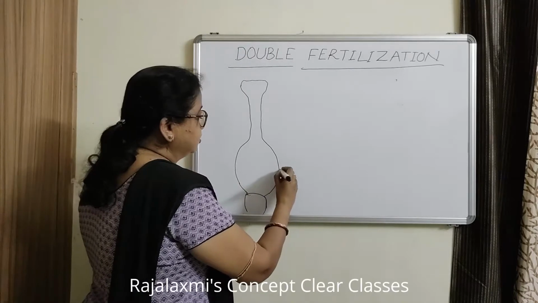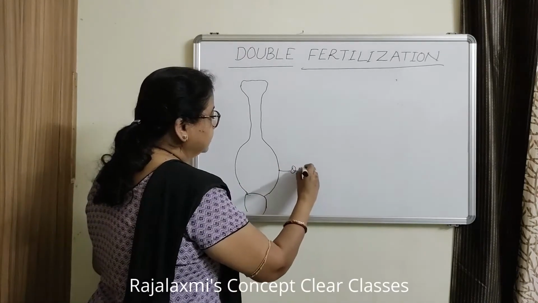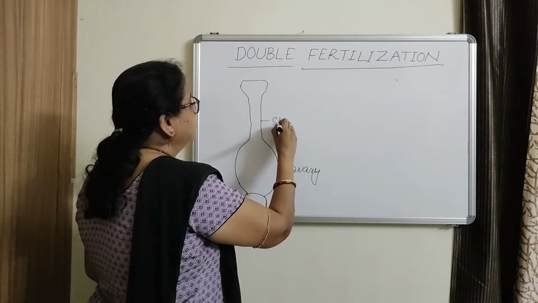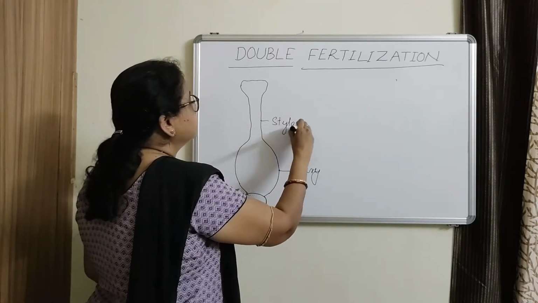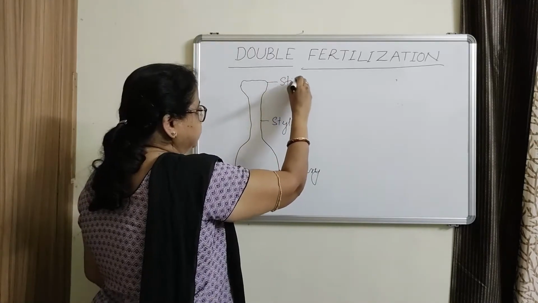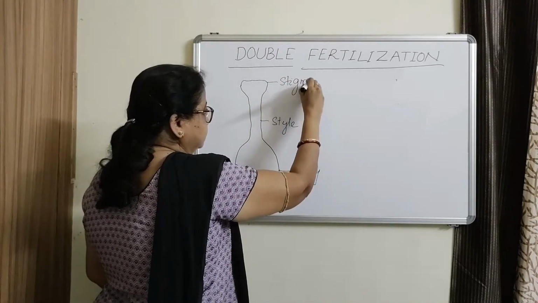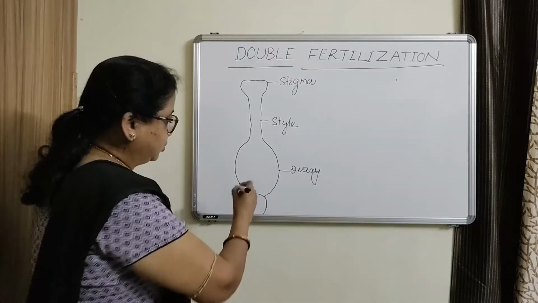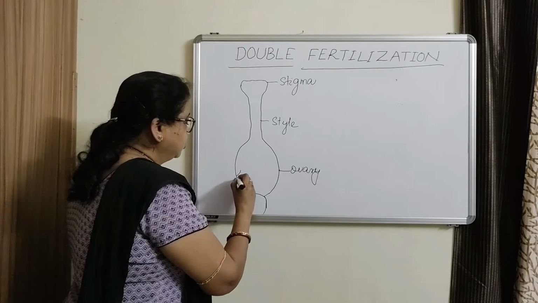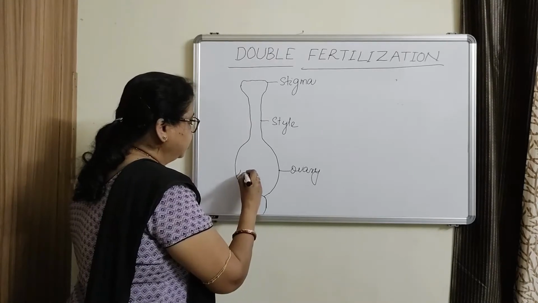The lower part is known as the ovary. This is the style. And the upper part is known as the stigma. Inside the ovary, the ovules are formed. We will draw a single ovule.